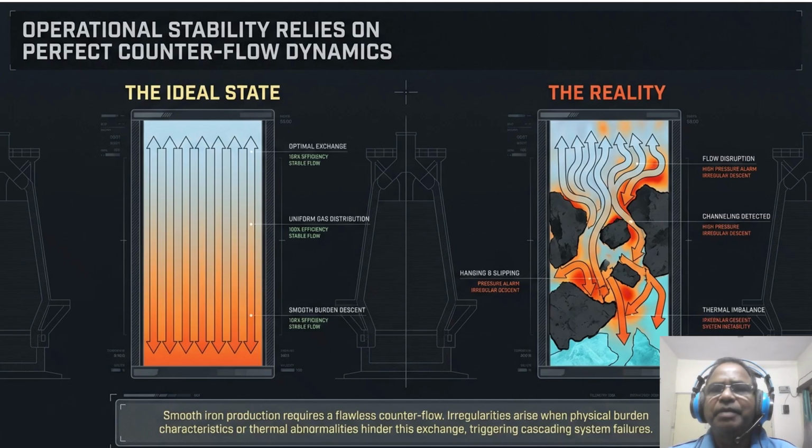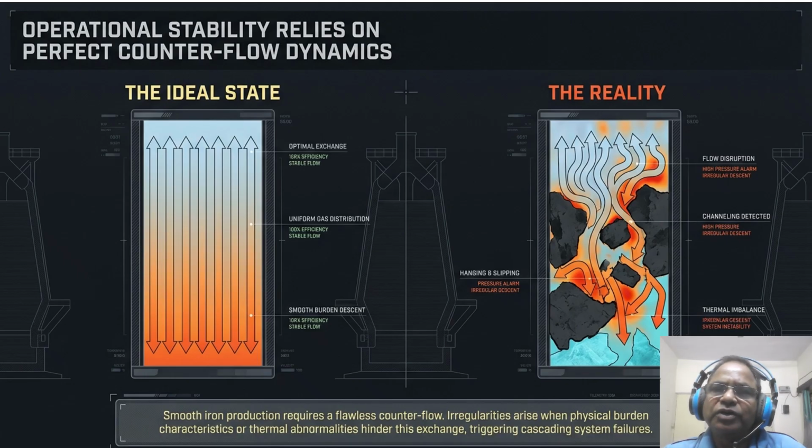And for a manager, the so what is simple. Every deviation from those straight lines on the left results in higher fuel rates and erratic hot metal chemistry. If we cannot maintain this counterflow, the furnace effectively begins to suffocate itself.